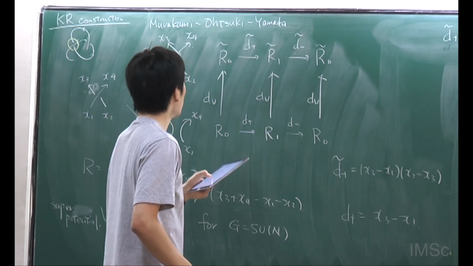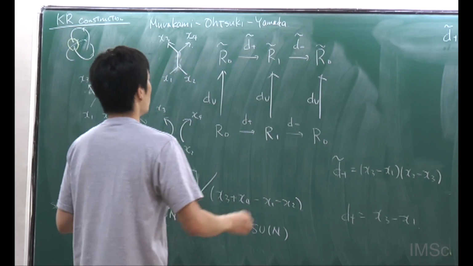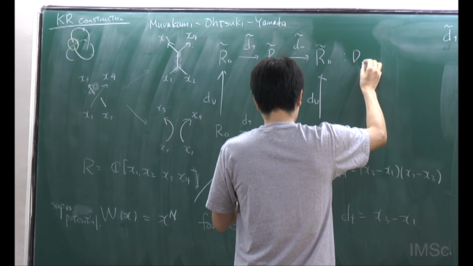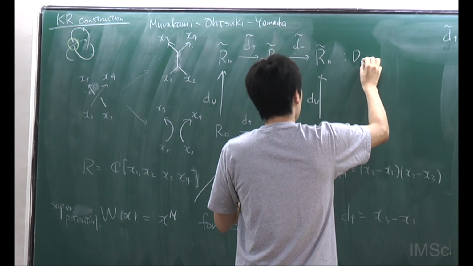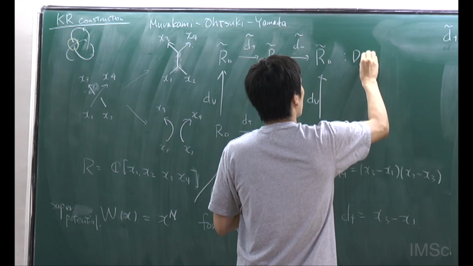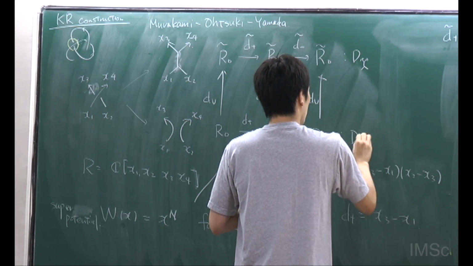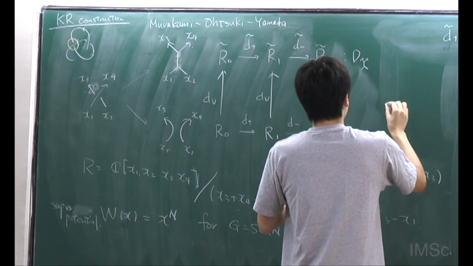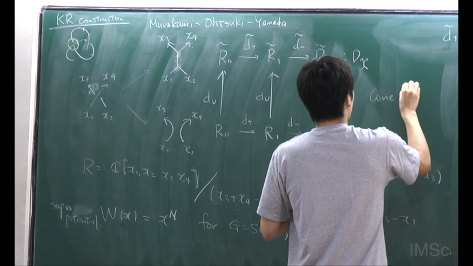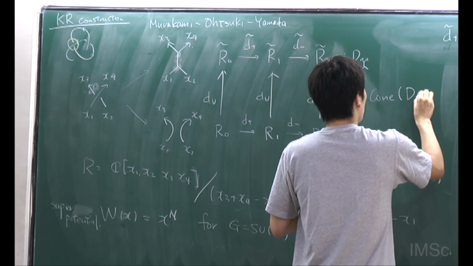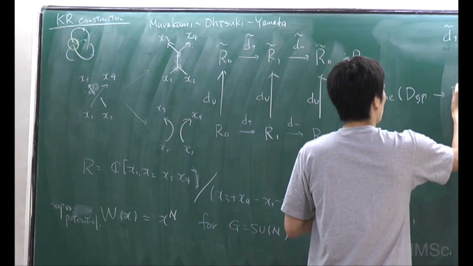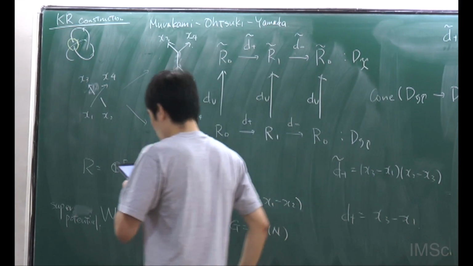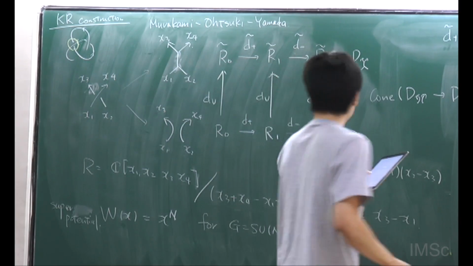Let's call this matrix factorization D, this one D. This is called cone construction of D, this resolution to D, in such a way that they commute.